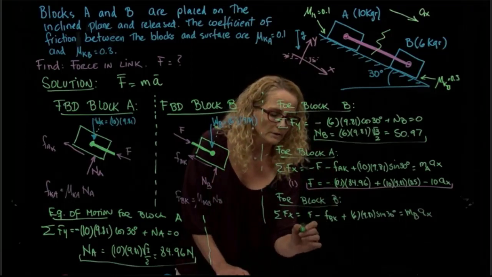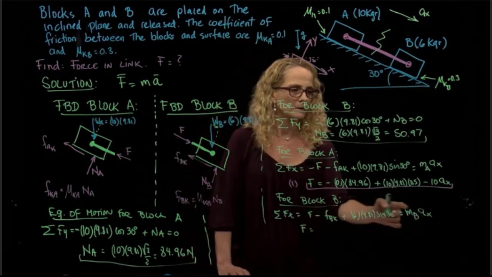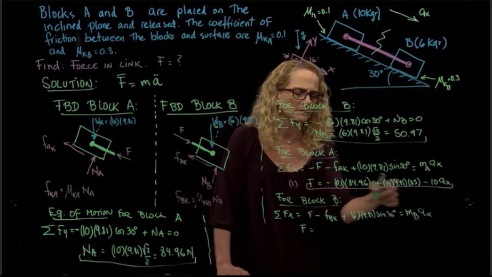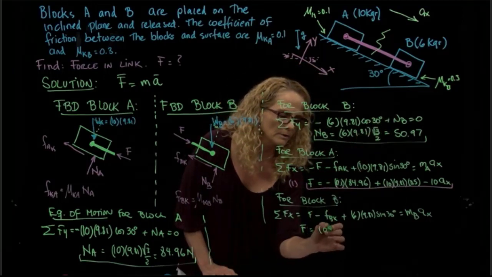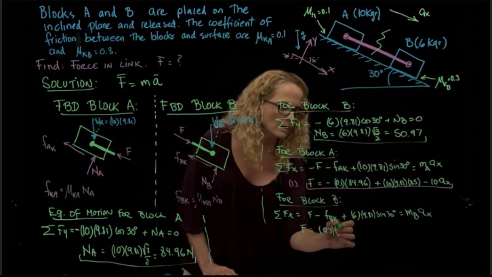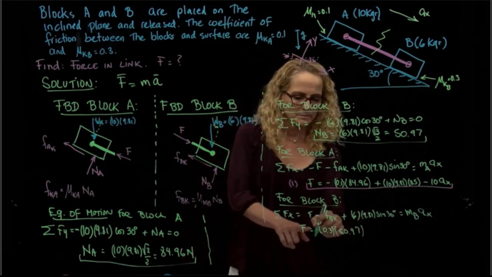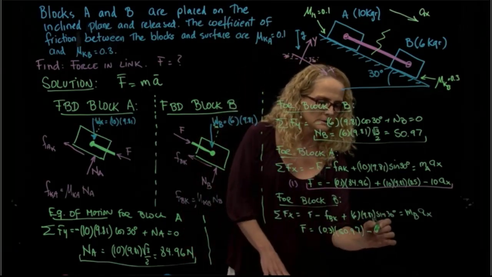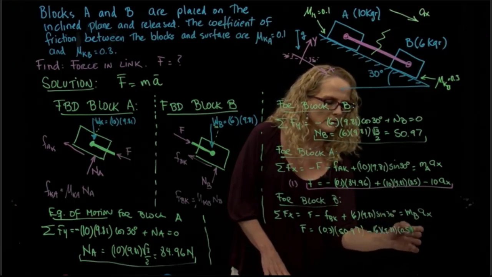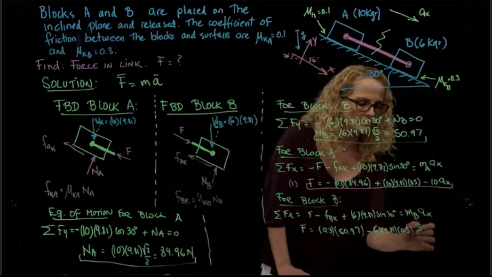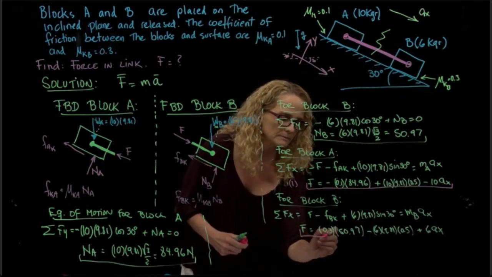I will solve for F. Here I have F equals mass B AX, and I'm going to put it very similar to that one. So it will be the friction coefficient for B, 0.3, times the normal that I already found, 50.97. This is positive, this is negative, 6 times 9.81 sine of 30, which is 0.5, and that's to the other side, so minus, plus 6AX. And that's my second equation.